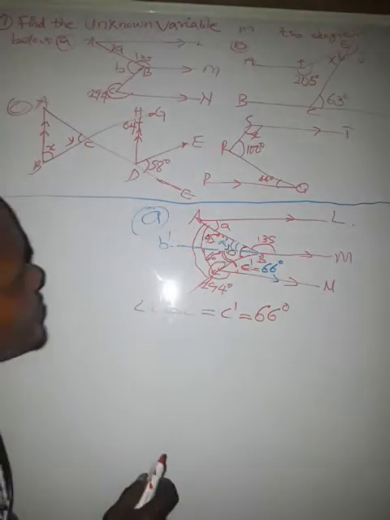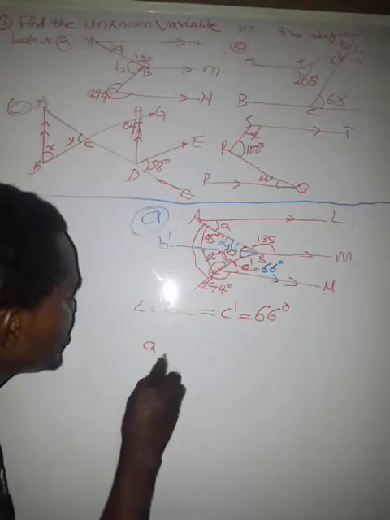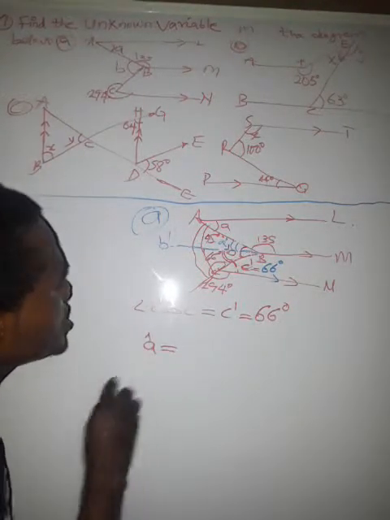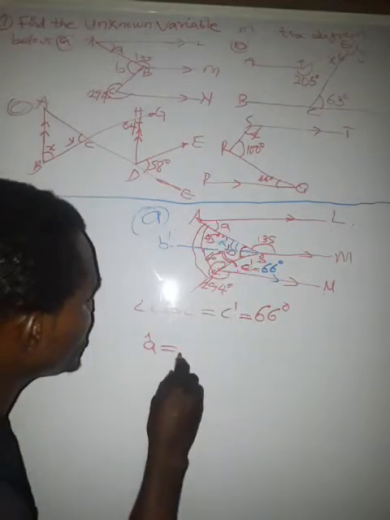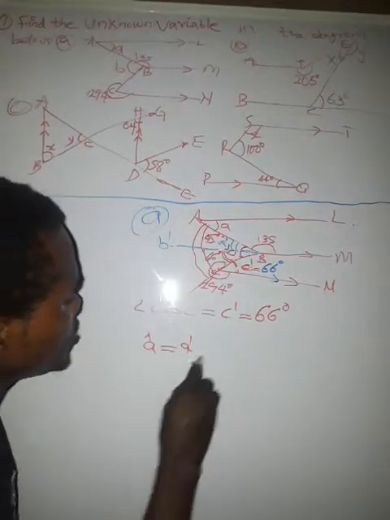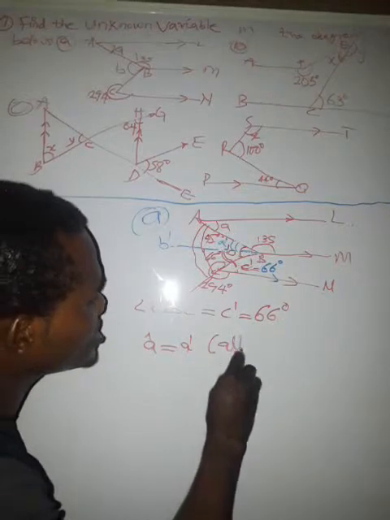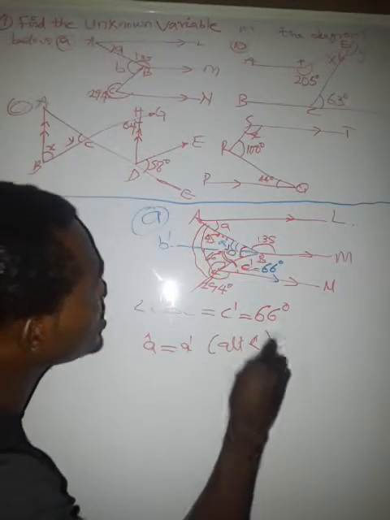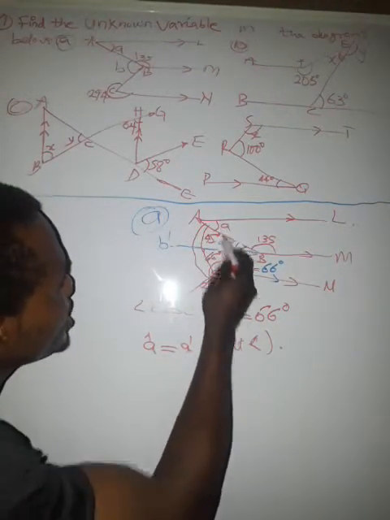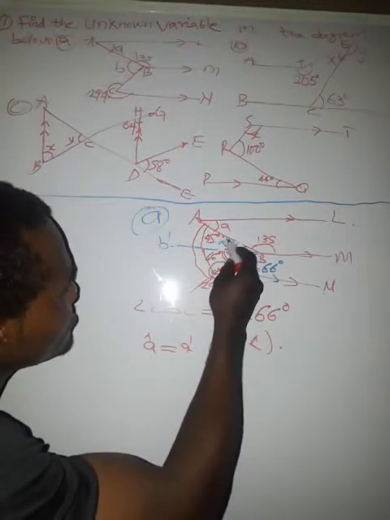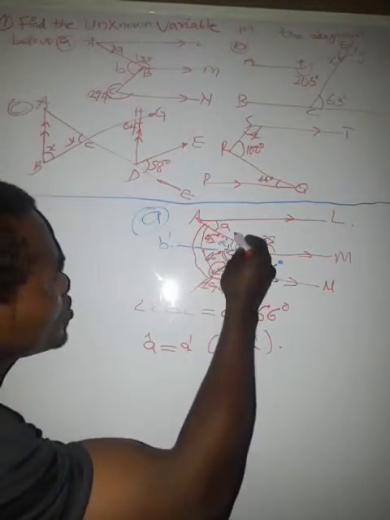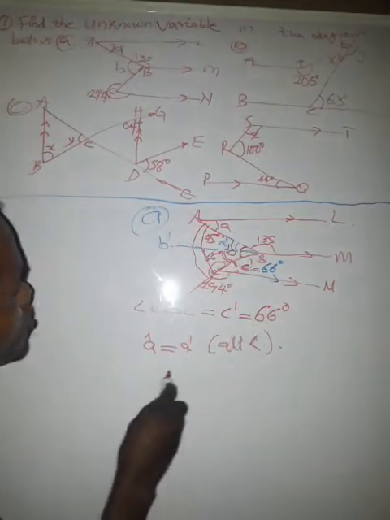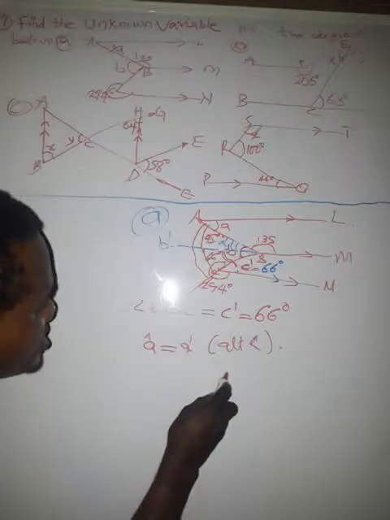So which means angle A is equal to angle A prime. So the reason is what? Alternate angle. Angle here equals angle here. It will look like this.